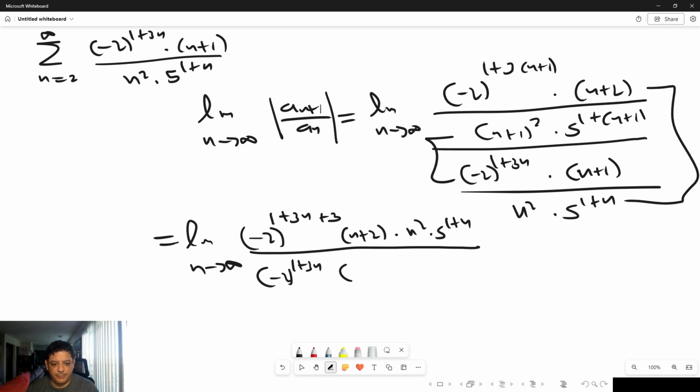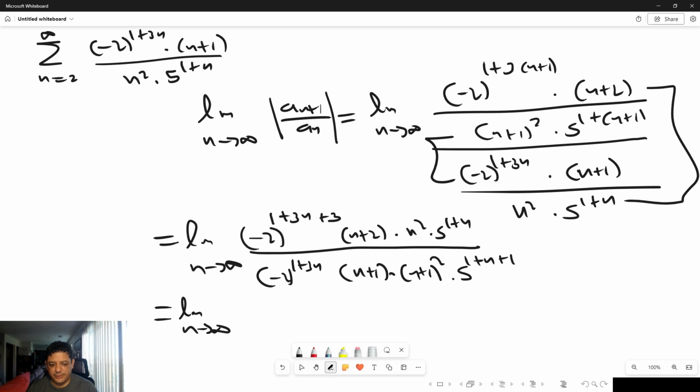I'm going to have the n plus 1, and I'm going to have now (n plus 1) squared and 5 to the 1 plus n plus 1. So I'll leave it in this way instead of adding, because I can cancel more easily the 5 to the 1 plus n.